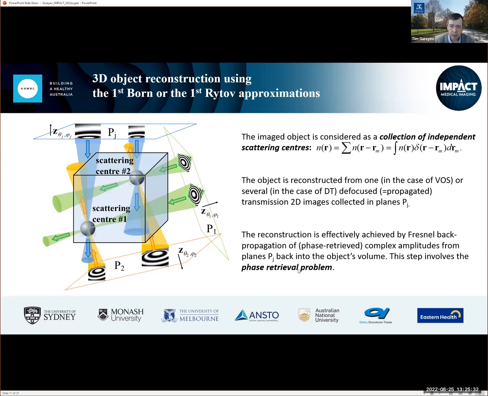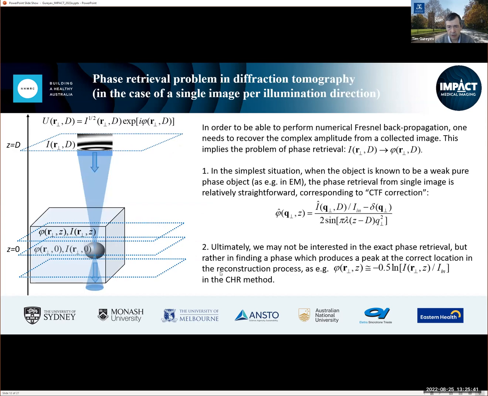So the reconstruction, which requires this backpropagation, of course, includes the phase retrieval problem, which I already mentioned. But let me just go back to it in a slightly more general context and say that phase retrieval consists of the reconstruction of the object phase from the registered intensity.